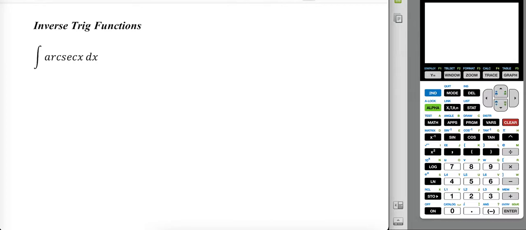If you remember integration by parts, we want to select a u that is something that we can differentiate, and a dv which is something that we can anti-differentiate. Well, we're here because we don't know how to anti-differentiate the arc secant, so we better not make that the dv. So that's got to be the u.